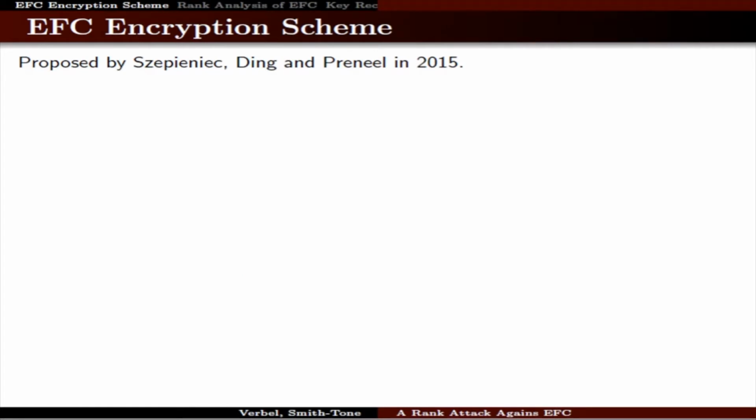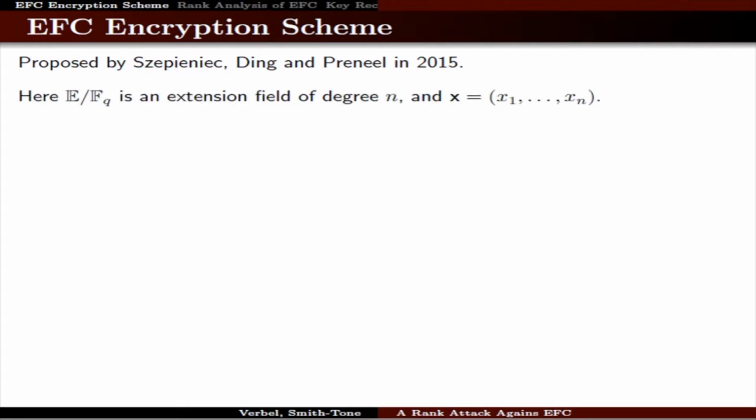Okay, extension field cancellation was an encryption scheme proposed by Szepieniec, Ding, and Preneel. It was proposed in 2010, and it was one of the most promising schemes based on multivariate cryptography at that time.